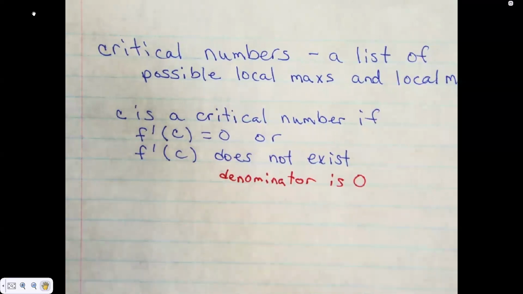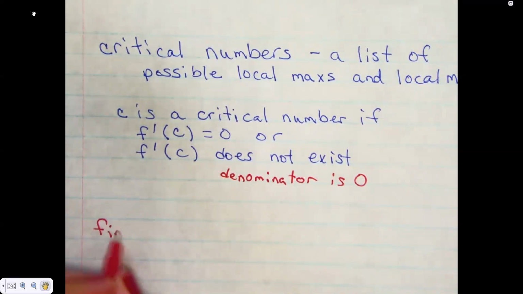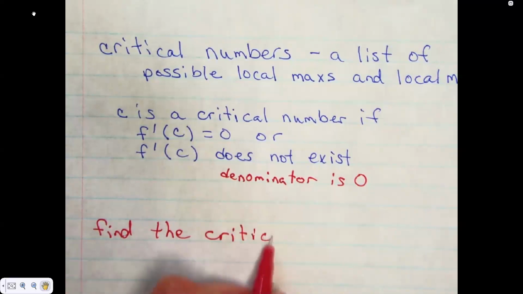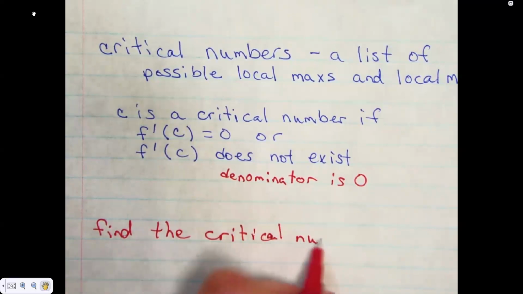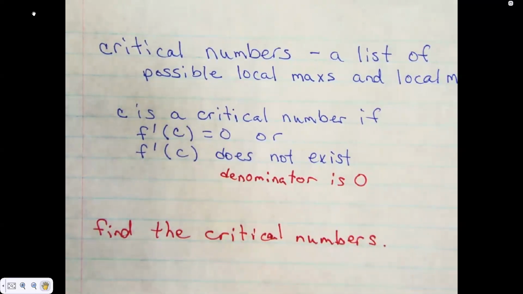The directions are: find the critical numbers. Give me every place there might be a max or min.